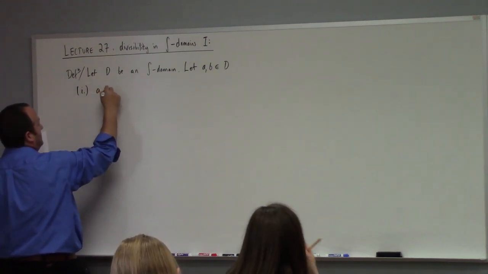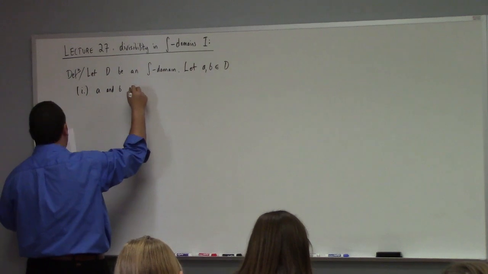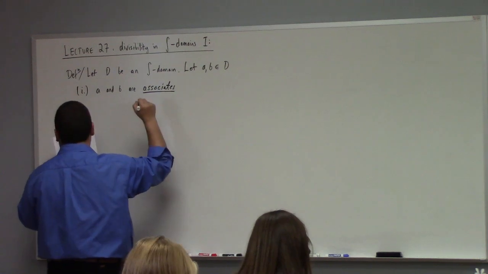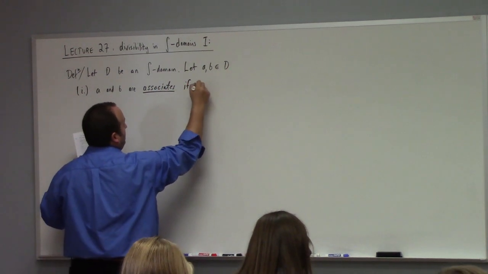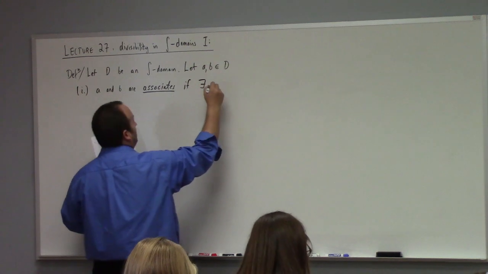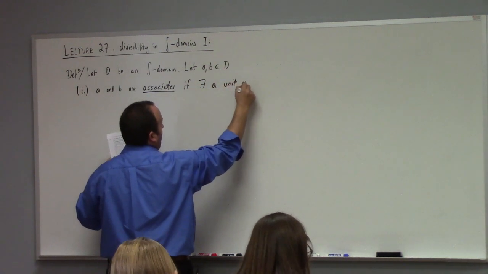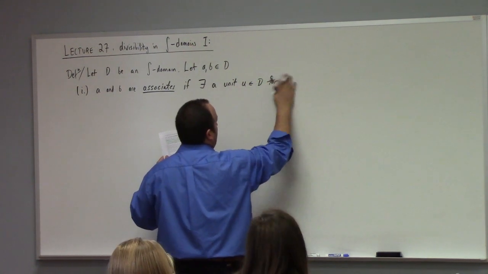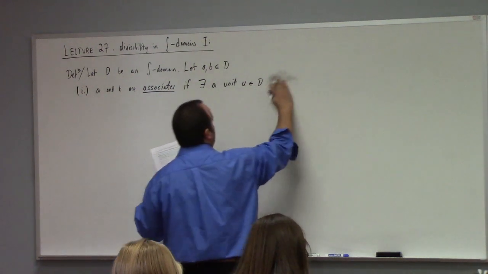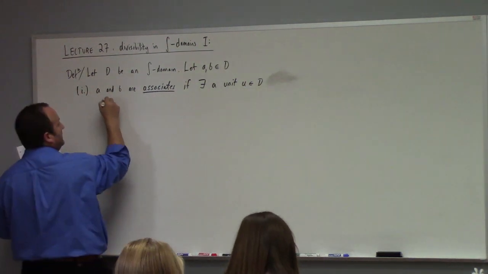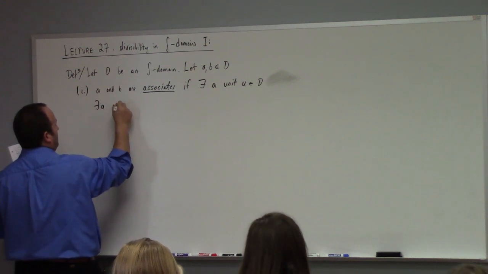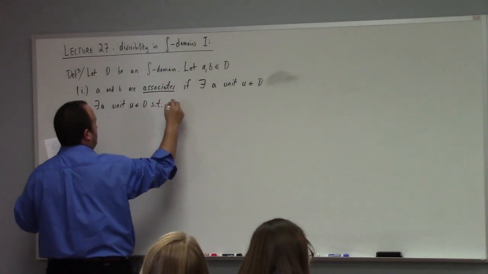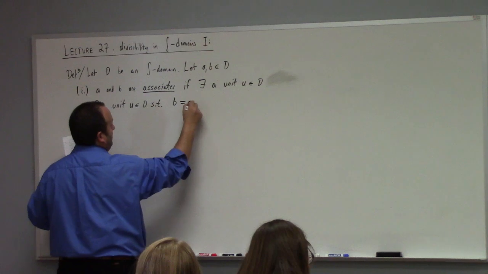A and B are associates if there exists a unit U in D such that B is equal to AU.